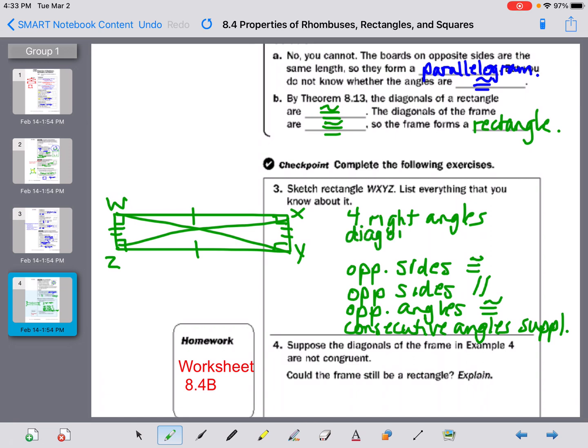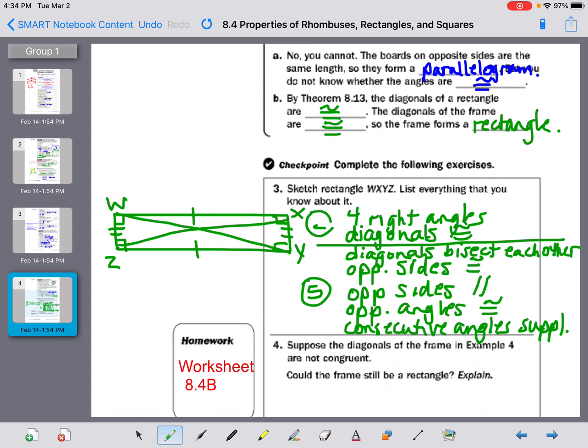That's a new one that's specific to rectangles, okay? I have one more rule. They are congruent, and because it was a parallelogram before, I can come back down and I can say diagonals bisect each other. Okay? So, because it's a parallelogram, there's these 5 that are always true, just like it was with the rhombus. And because it's a rectangle, I have 2 more things that I can say about it, okay?